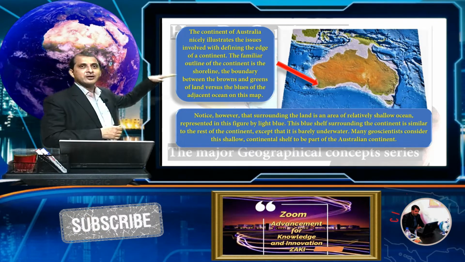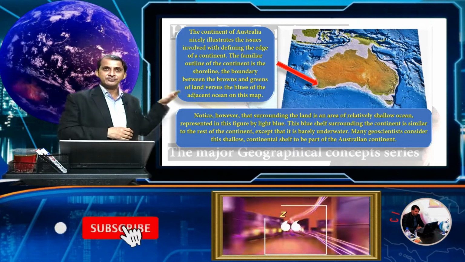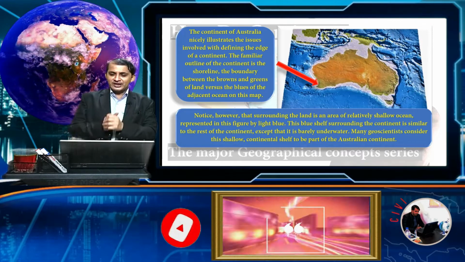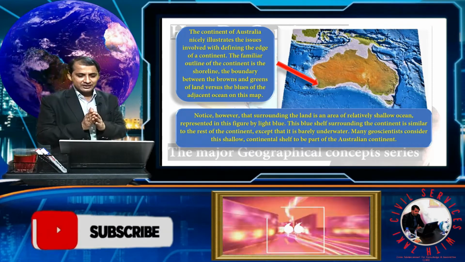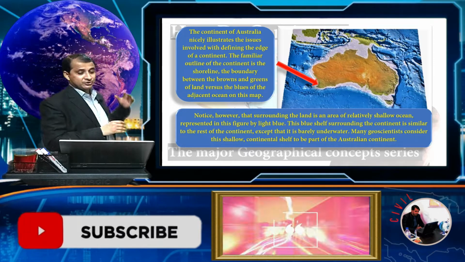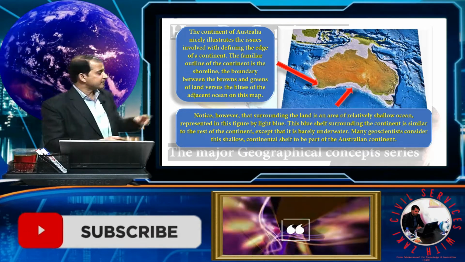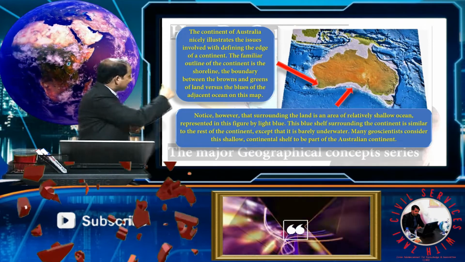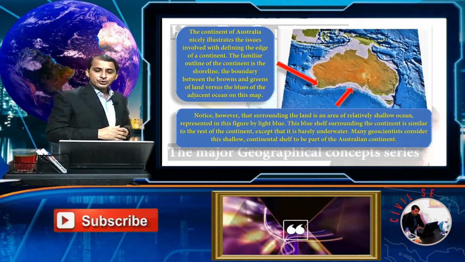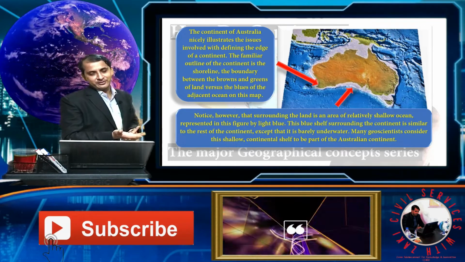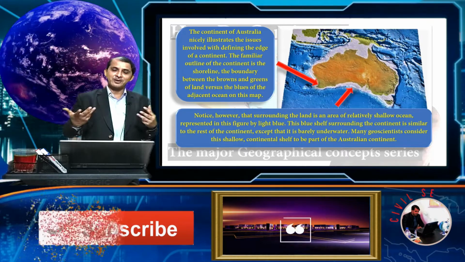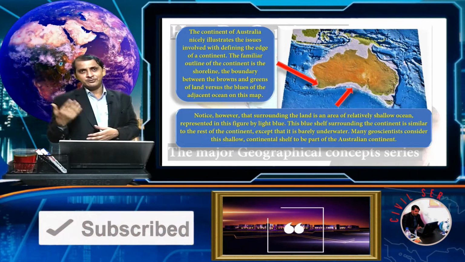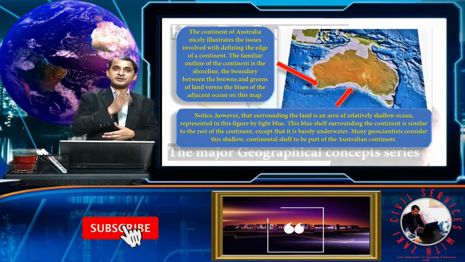Some of these features are underwater, but very shallow. Many geoscientists consider this shallow continental shelf to be a part of the Australian continent. So these shallow continental parts are also included in the continent. Continents are not only the coastline as you see on the globe or map, because coastlines change from time to time, as many geologists see in the distant past.